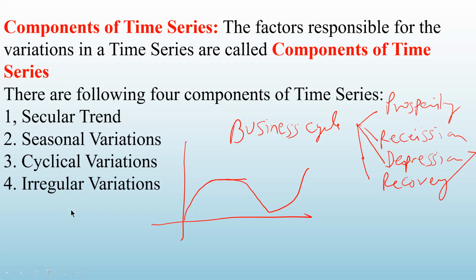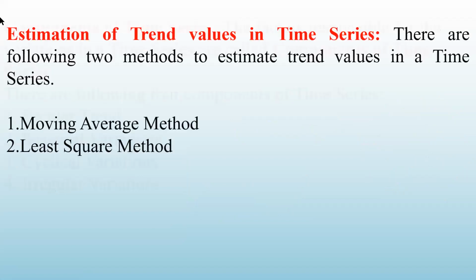Now, as I told you, the time series is used for prediction, for forecasting. So how to do that forecasting? What are the various methods? These are called estimation of trend values in the time series. There are the following two methods in your syllabus to estimate the trend values of a time series.